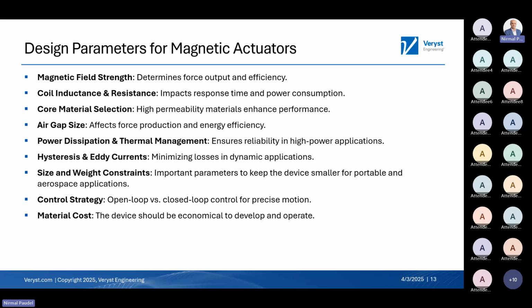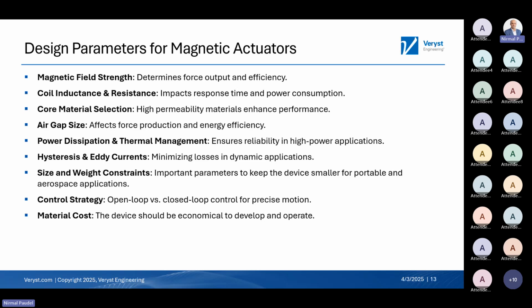But now what are the design parameters that we have to adjust to achieve that performance? We can play with many options here. For example, we can manipulate the magnetic field strength that determines the force output and efficiency. That means the force can be increased by increasing the number of turns, or by adding magnets.